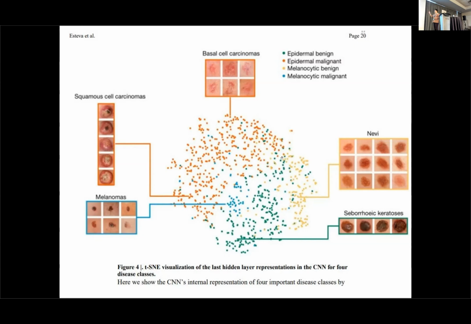Basically, a way of visualizing the last hidden layer representation in the CNN, the convolutional neural network, for the 4 disease classes. So this is a 2-dimensional visualization of this complicated black box neural network that was used to do this classification work.